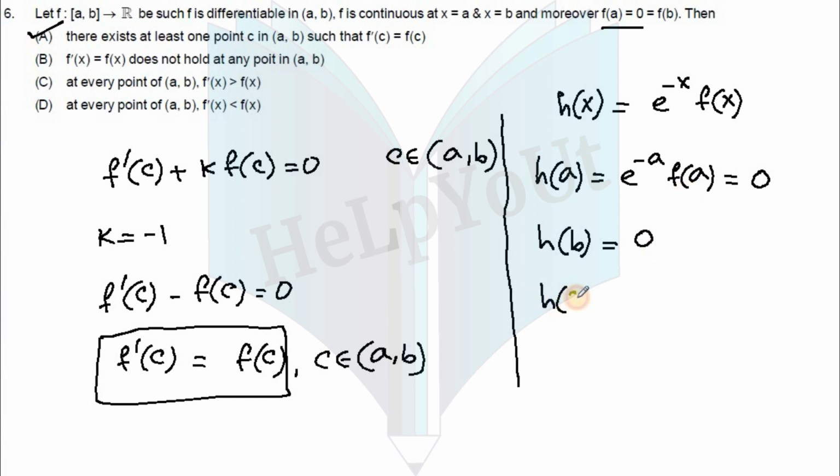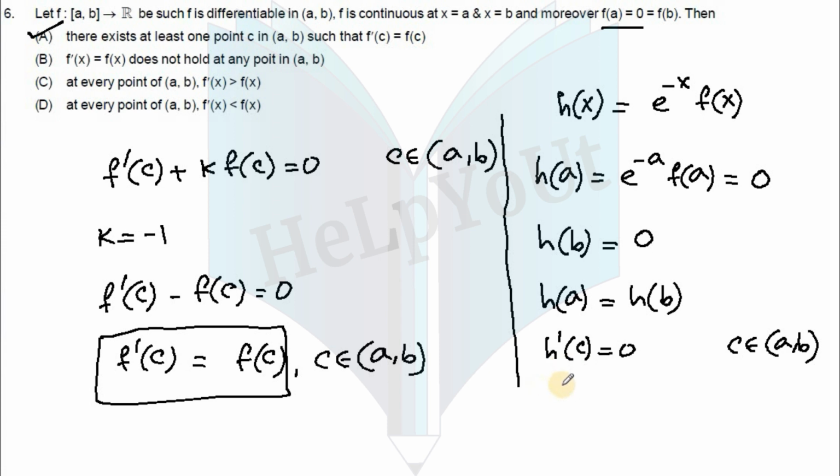So we got h(a) equals h(b), and h is differentiable because e to the power minus x is differentiable, and so is f(x). It was given here, f(x) differentiable. So h follows Rolle's theorem, and using Rolle's theorem we get h dash c equals 0 for some c belongs to interval a to b.